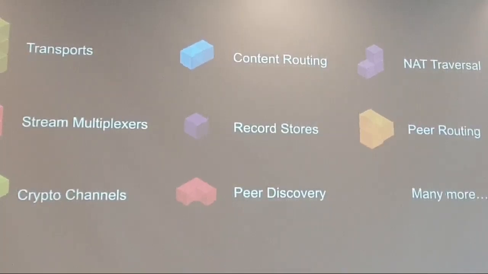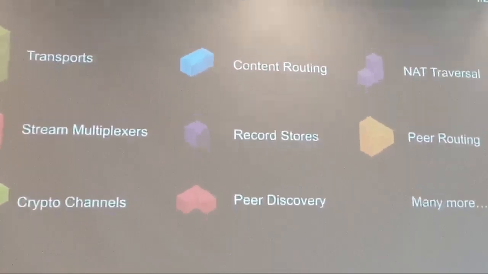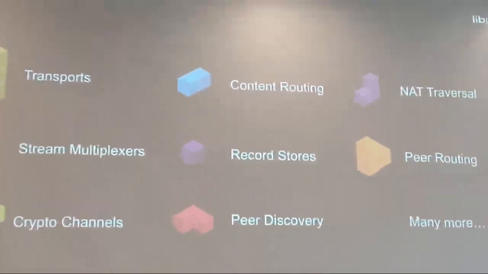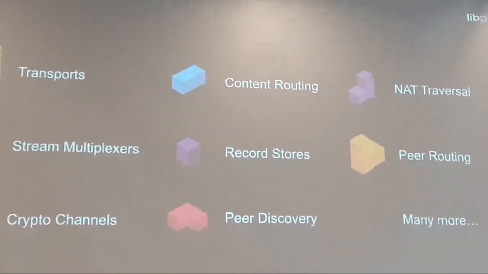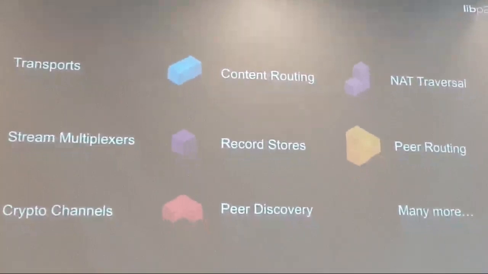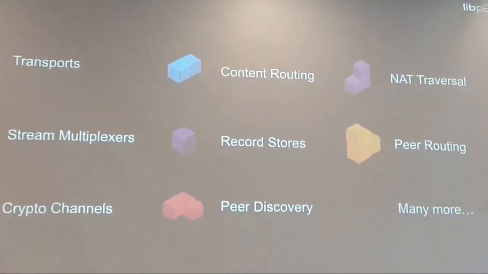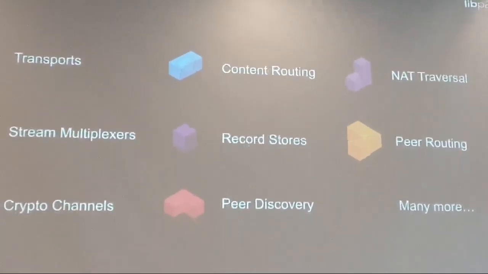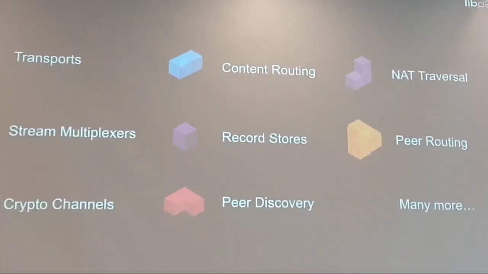It happens automatically. If you really want a plain text connection, you can disable this. So again, a lot of flexibility, but I think in most cases, people want encrypted connections. Record stores, again, that's about the DHT. We have a very versatile distributed hash table that lets you store different kinds of data, including arbitrary records.